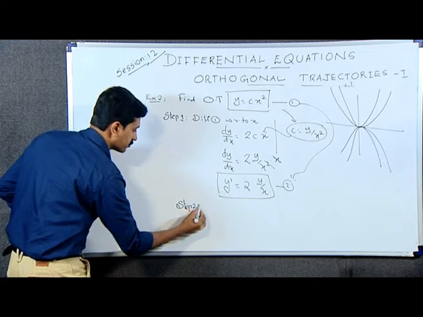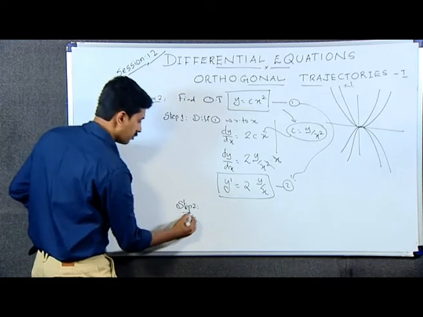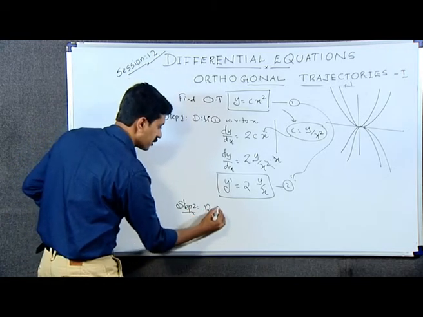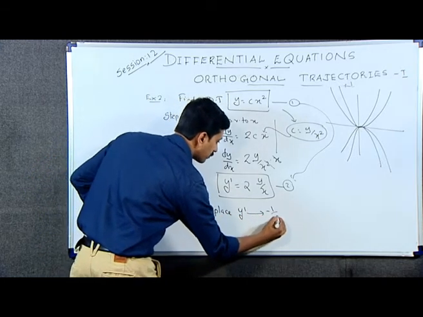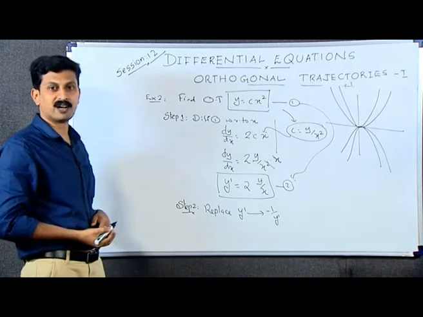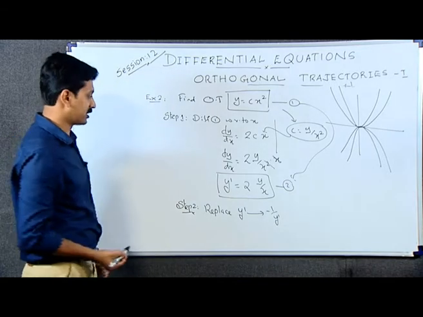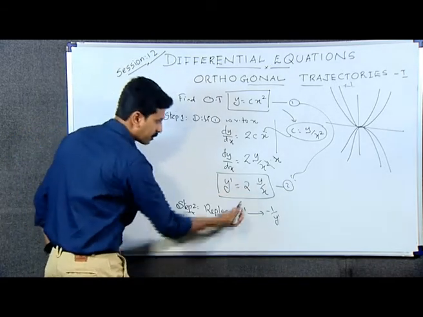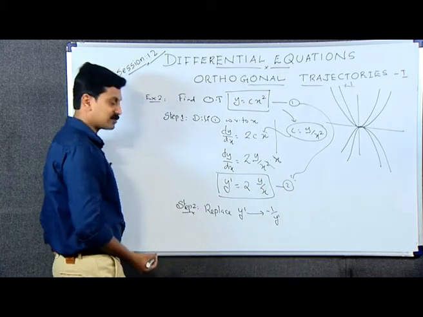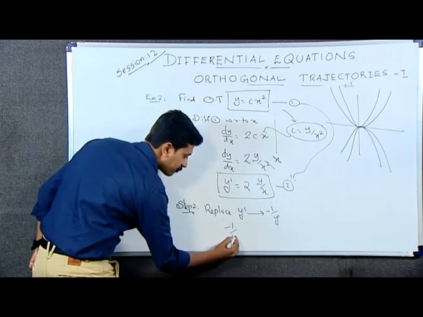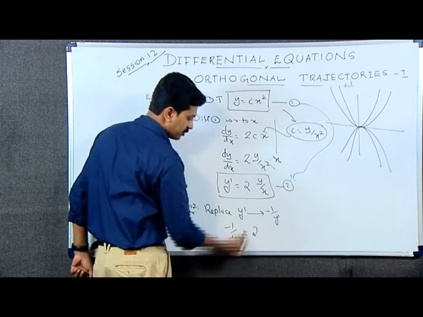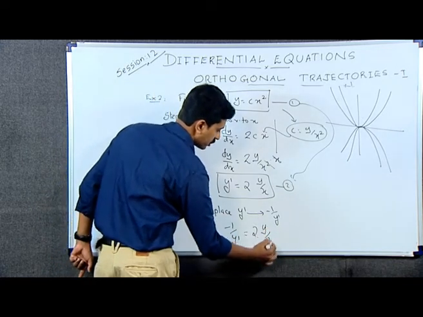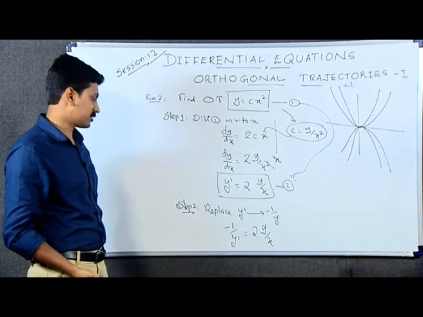In step 2, we replace y dash as minus 1 by y dash. See what will happen to our differential equation 2. So, minus 1 by y dash is equal to 2 into y by x. There is no change for the right side.